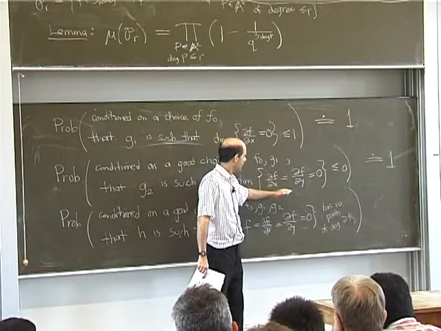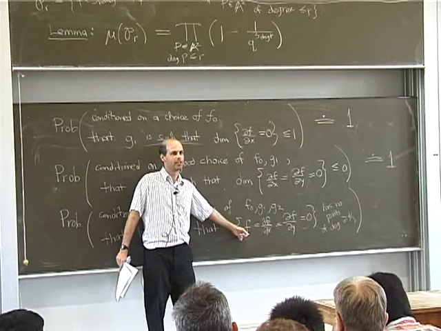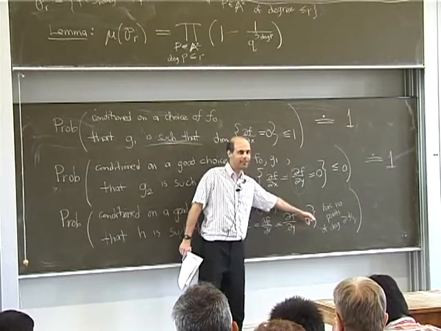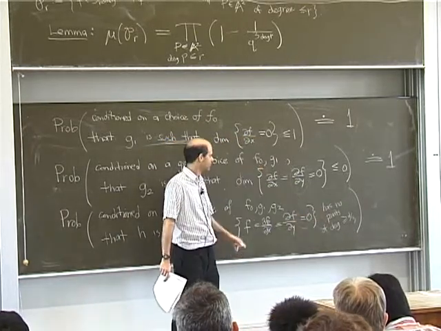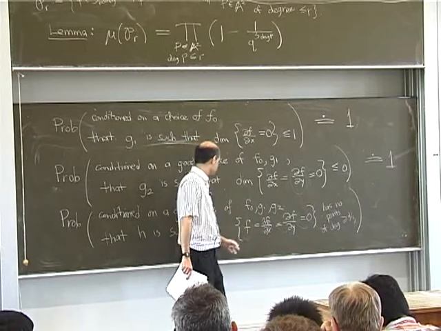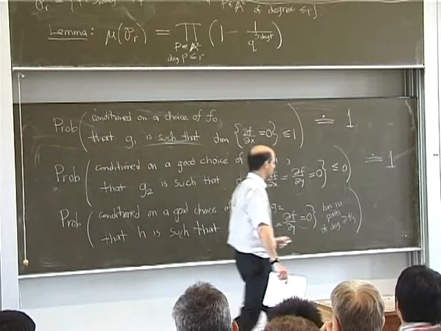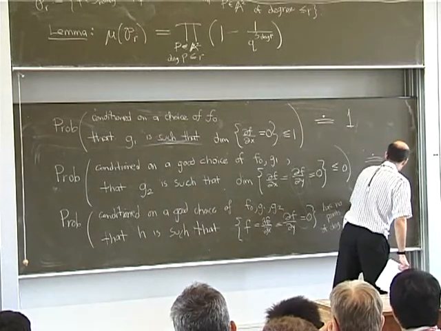Now for each point, what's the probability that f vanishes at that point? It's pretty rare if that point has high degree. So for all the points that have high degree, for most h, it won't vanish there. So you can again show that this is approximately 1.